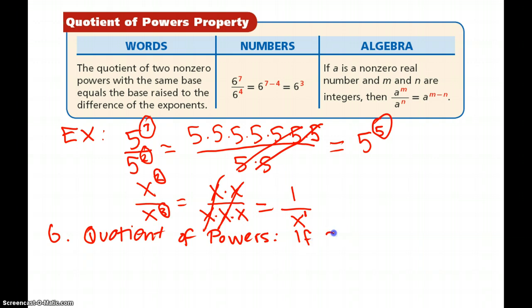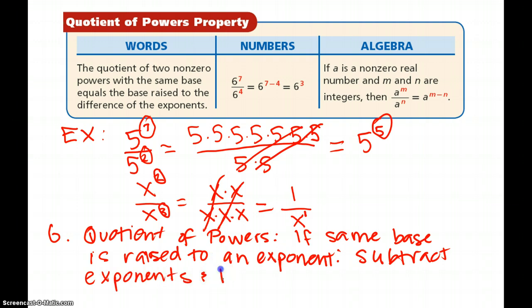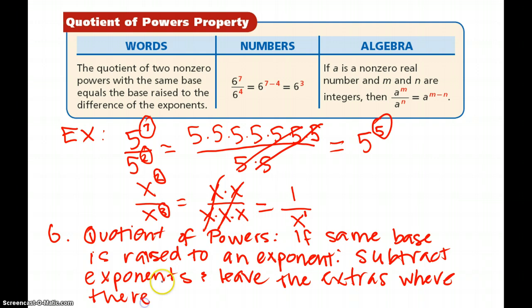If same base is raised to an exponent, I'm going to say subtract the exponents and leave the extras where there are more. This needs to go in your notes, so you should be writing this right along with me.